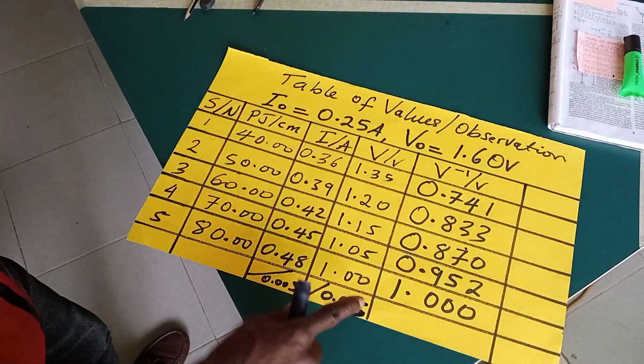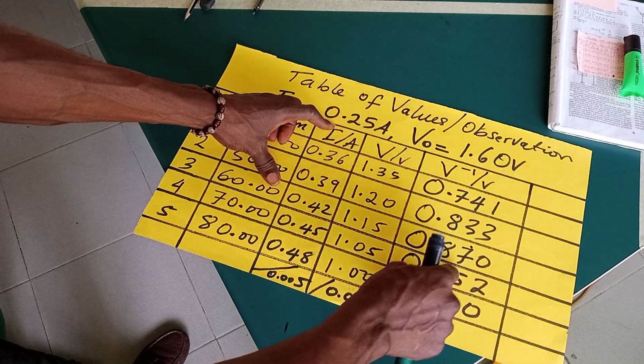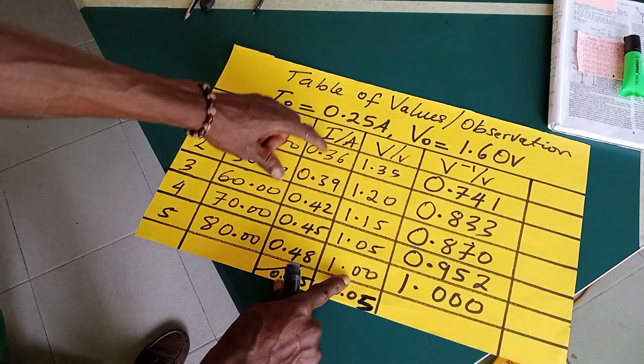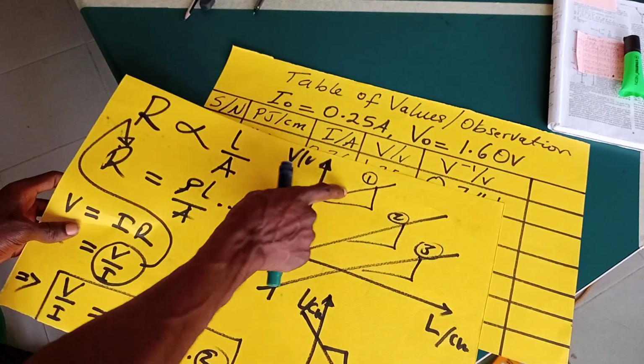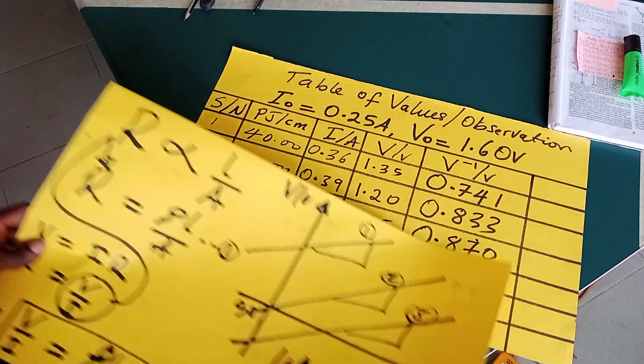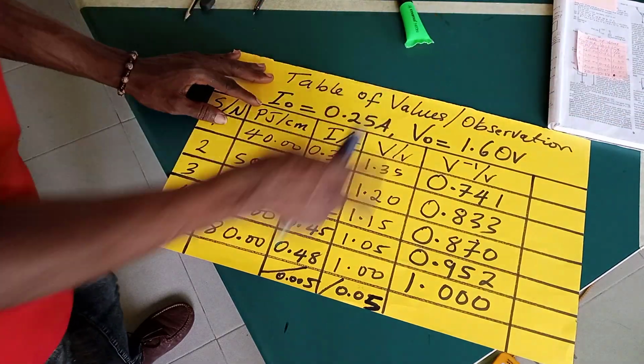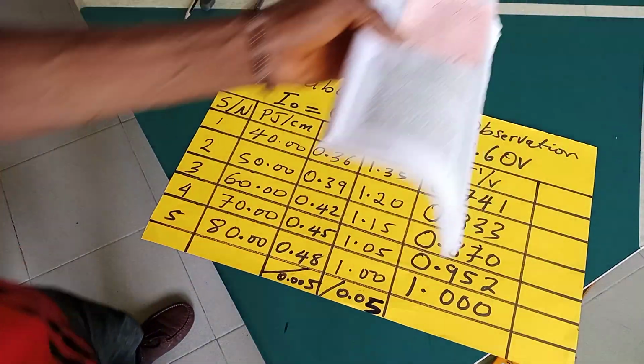Take notes. A graph of, this is my handwork, addition of this. A graph of I against V inverse will give you a straight line graph. It will give you any of this, either 1 or 2 or 3. Please take notes.